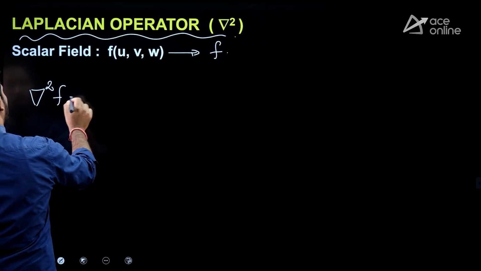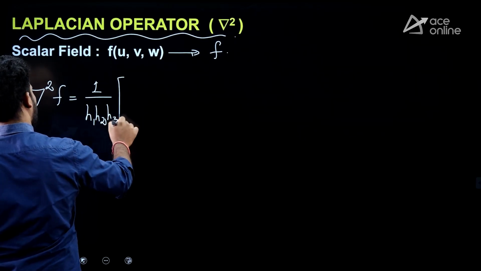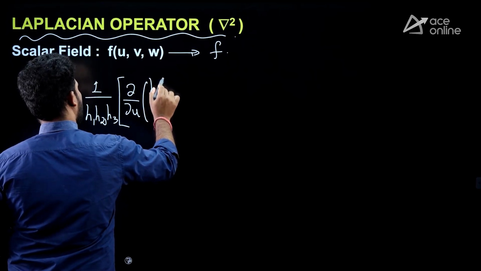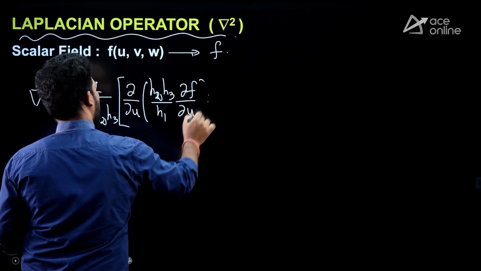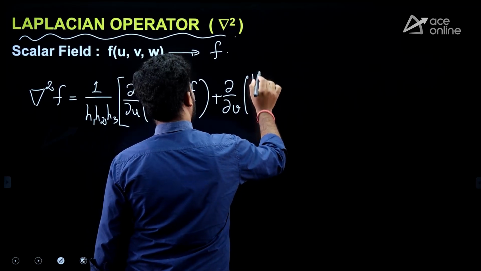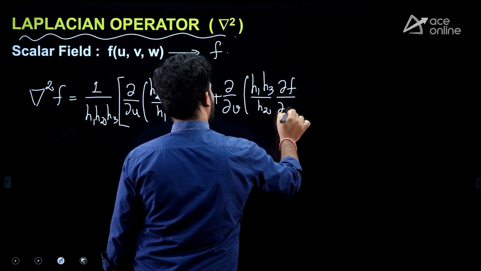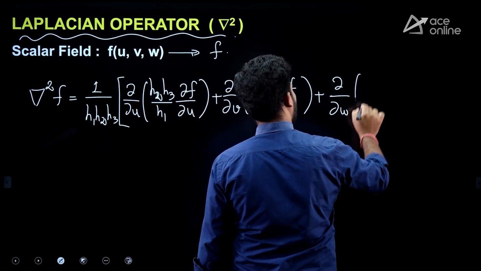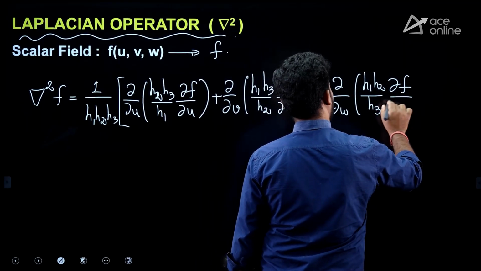So del square f is equal to 1 divided by h1 h2 h3 times [∂/∂u ((h2 h3 / h1) ∂f/∂u) + ∂/∂v ((h1 h3 / h2) ∂f/∂v) + ∂/∂w ((h1 h2 / h3) ∂f/∂w)].